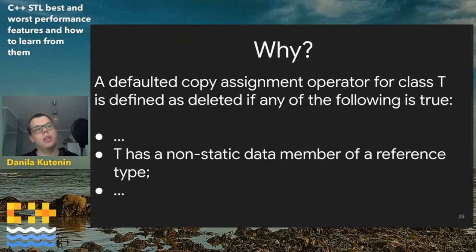So it was decided that it is not obvious what to do with reference types, and eventually the classes don't generate the copy constructor or the copy assignment operator. So is equal to default won't work. That's why you need to define it on your own.